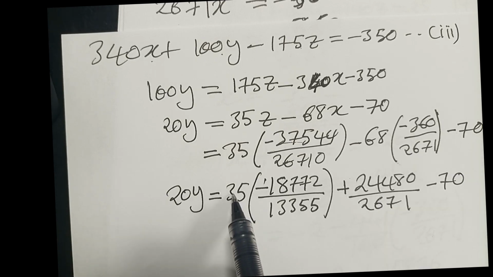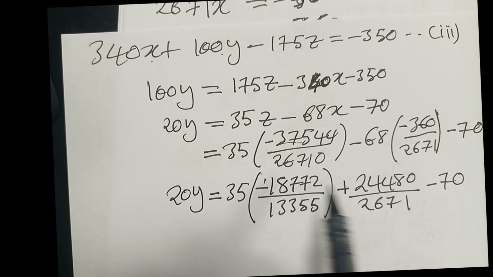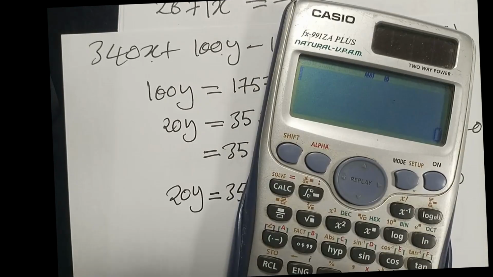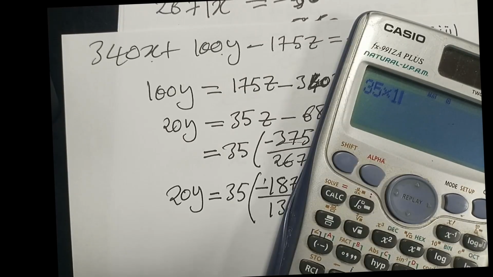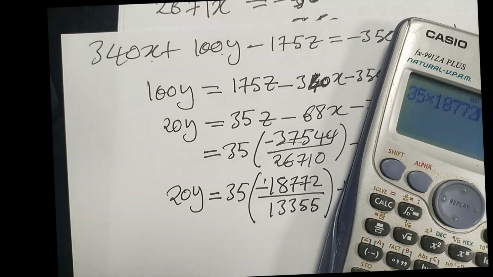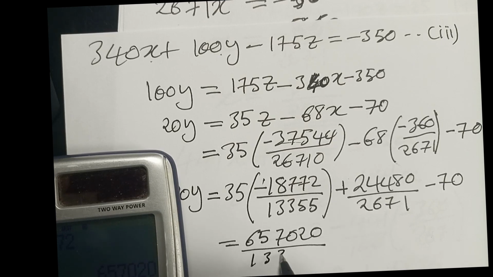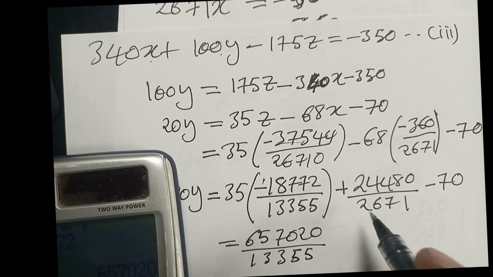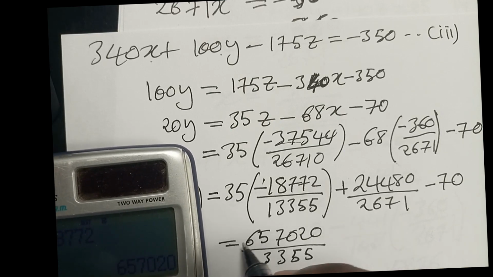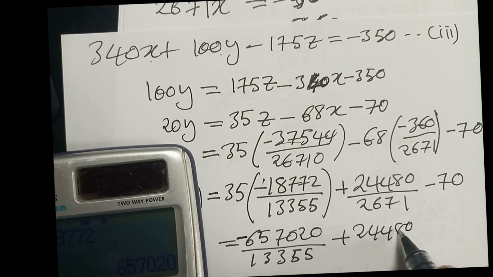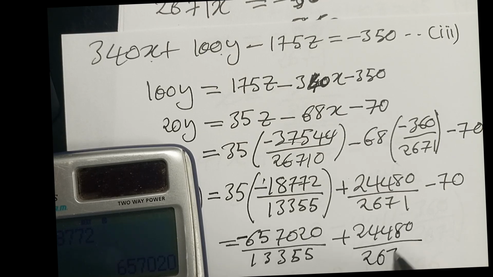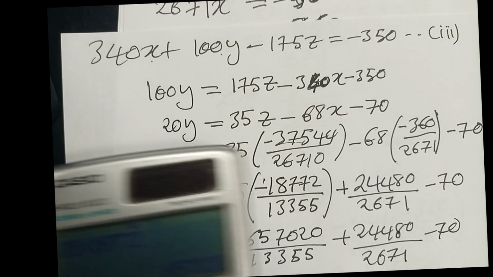Now 35 times all of this. So we're talking about 35 times 18772. This is going to give us 657020 over 13355. Then there's a negative here, plus 24480 over 2671 minus 70.